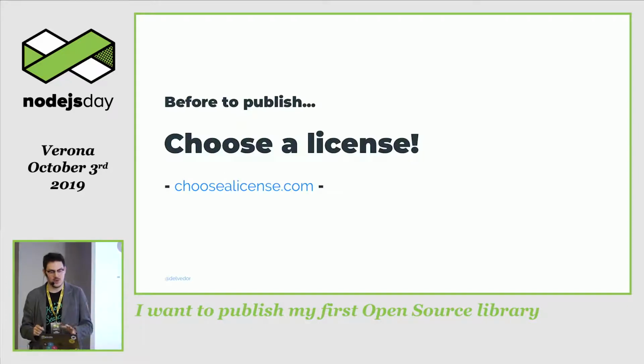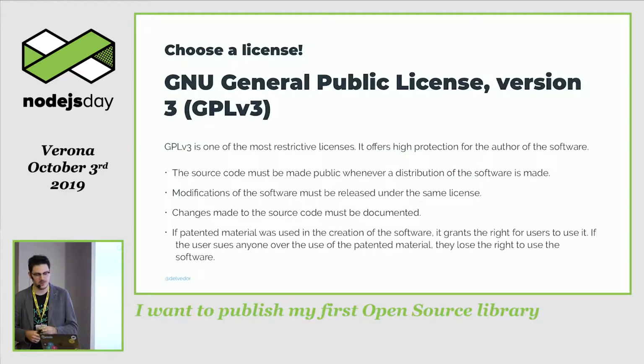Then, before publishing, choose a license. Always choose a license. There's this nice website from GitHub, choosealicense.com, that will help you choose between the most commonly used open source licenses, which are, let's look at them very quickly. I'm not a lawyer, so take what I'm saying with care.